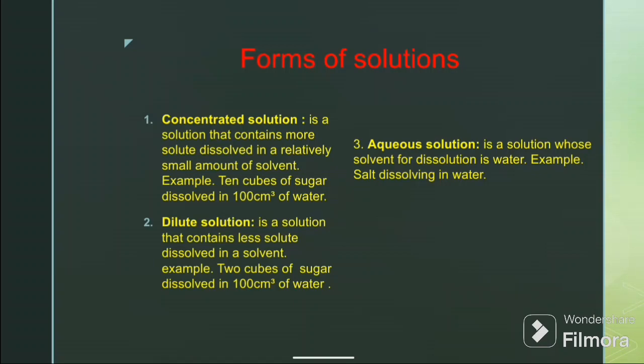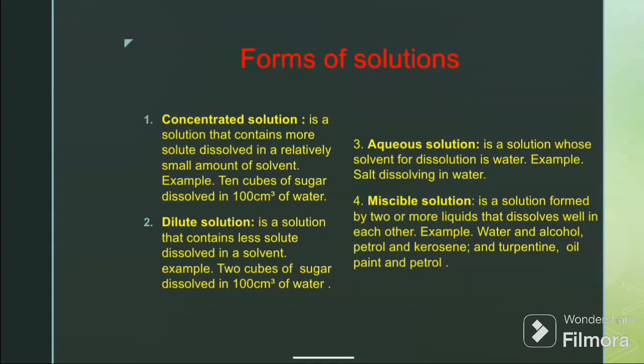The next is miscible solutions. A miscible solution is a solution where the liquids dissolve well in each other. So when we have two or more liquid substances and they dissolve well in each other, we call them miscible solutions. For example, we have water and alcohol.